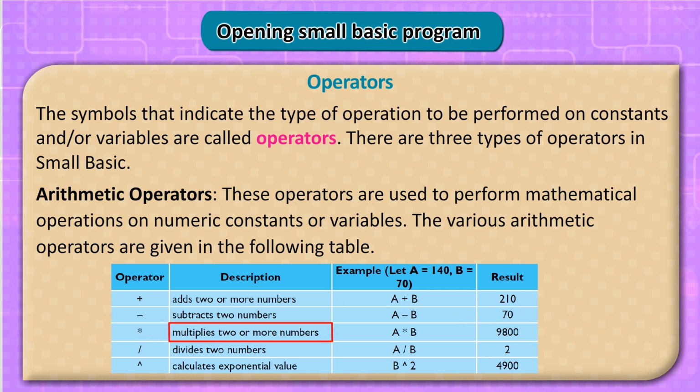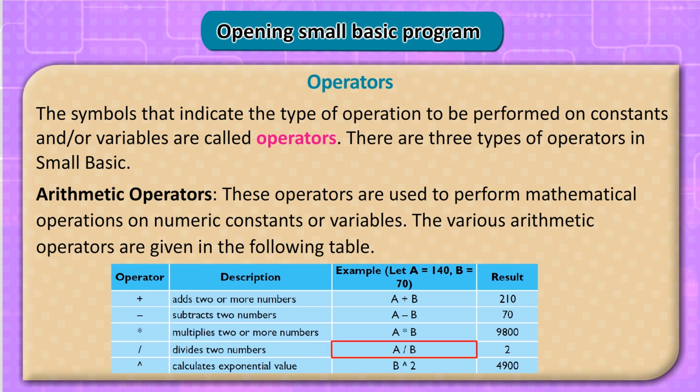Multiply: multiplies two or more numbers. A multiply B gives 9800. Divide: divides two numbers. A divided by B gives 2. Exponential: calculates the exponential value. B exponential 2 gives 4900.